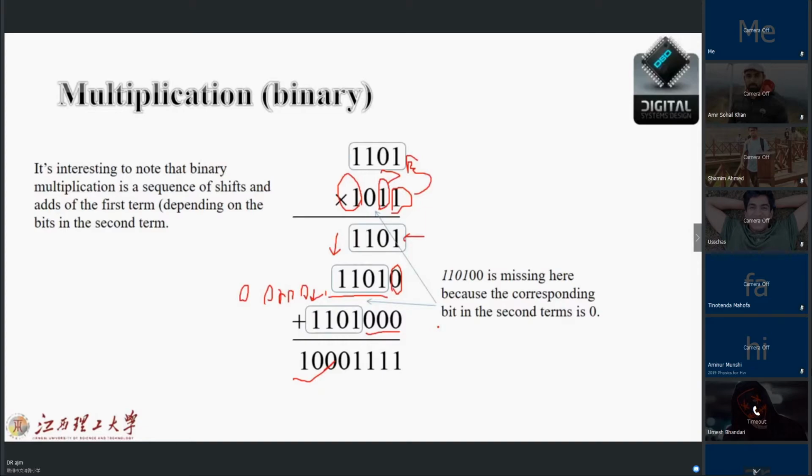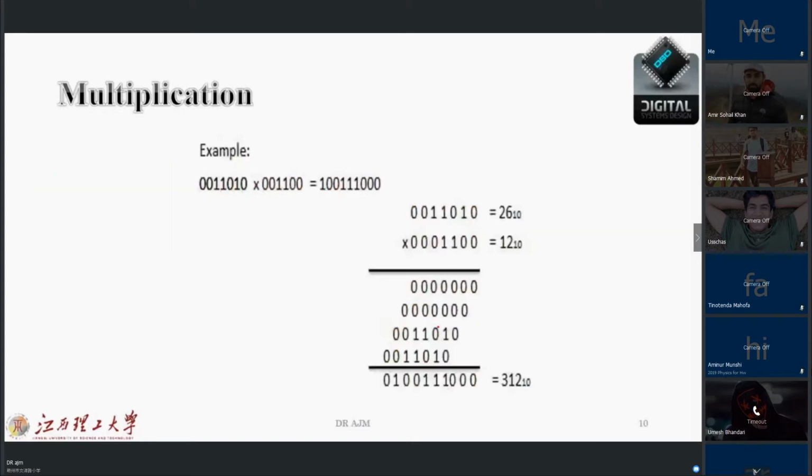Okay. Then what we find is that the multiplication is not difficult. Do one more example. Suppose I want to do the multiplication of 26 times 12 in decimal. First is very simple. I just do the 2 multiplied to all digits, as we say, and then I shift one step here, means that 0 is here.